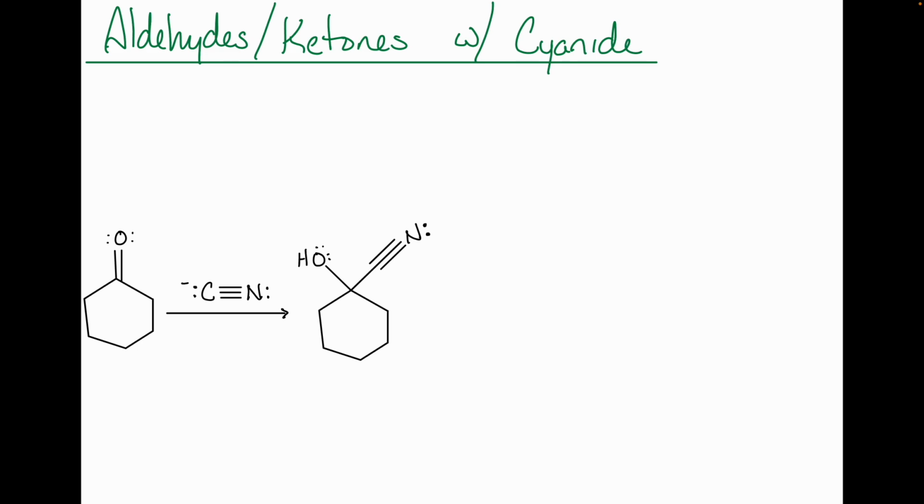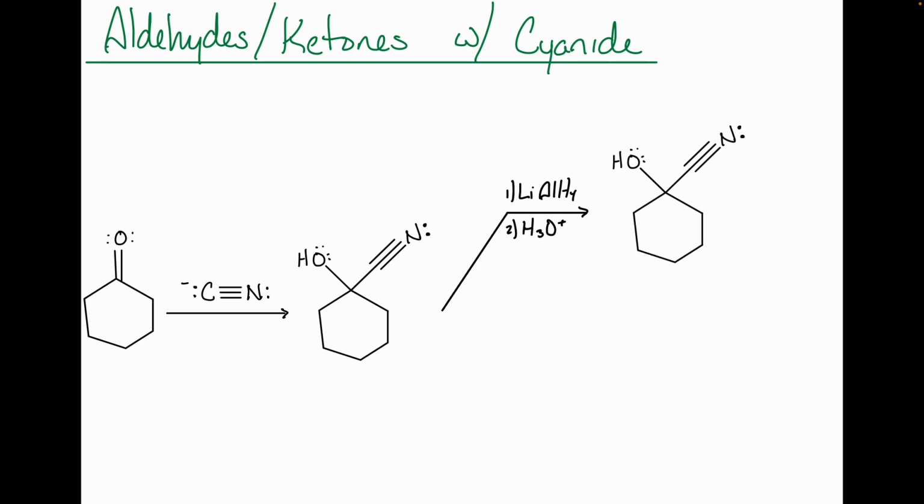Okay, but we can take this product, and there's two common follow-up reactions that we can do. We can either treat it with our reducing agent, lithium aluminum hydride. So that nitrile group can be reduced. Remember, we can reduce aldehydes and ketones using lithium aluminum hydride.